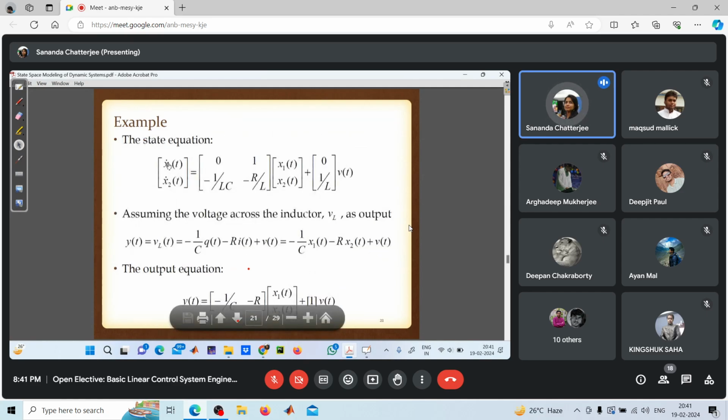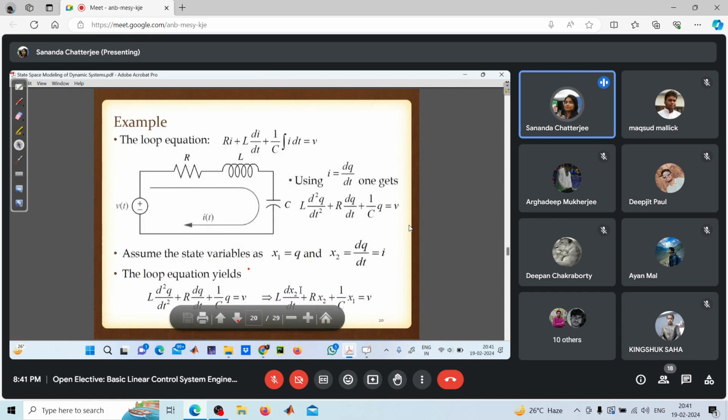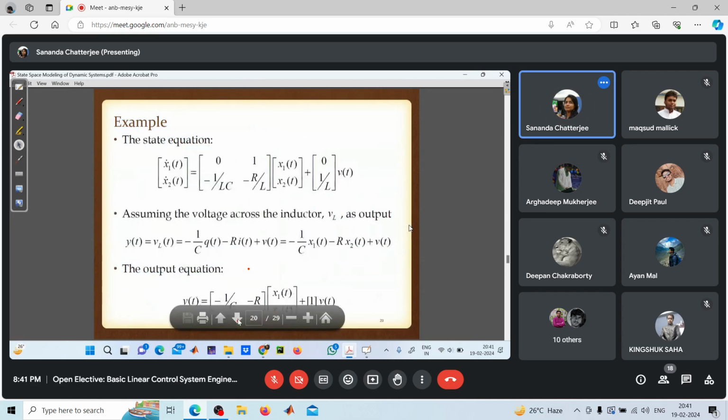So we will write x1 dot is equal to 0 1, then x1 x2, plus 0 v(t). So x1 dot is actually x2, and x2 dot will be found from this equation. x2 dot can be represented like this.